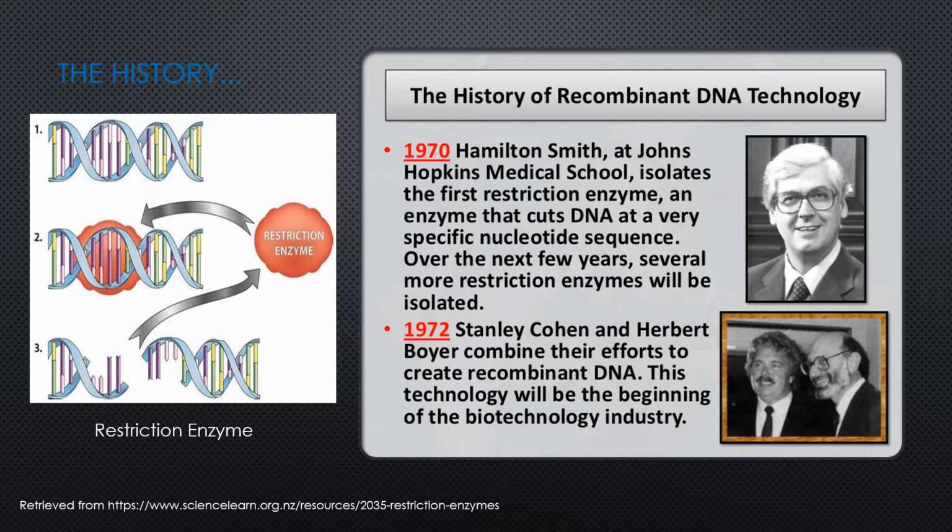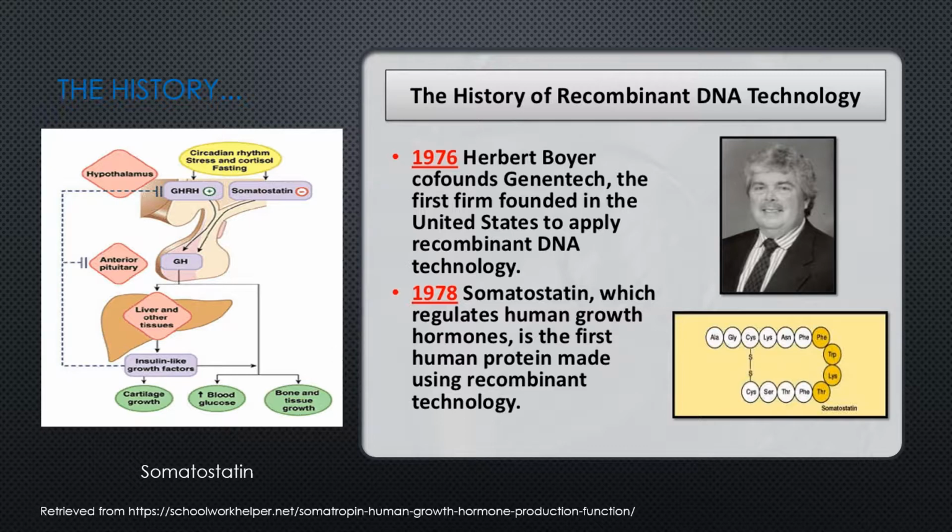Then, in 1972, Cohen and Boyer create recombinant DNA. In 1976, Boyer then goes on to co-found a firm in the US that is the first to apply recombinant DNA technology. And only 2 years later, in 1978, the first human protein is made using recombinant technology.